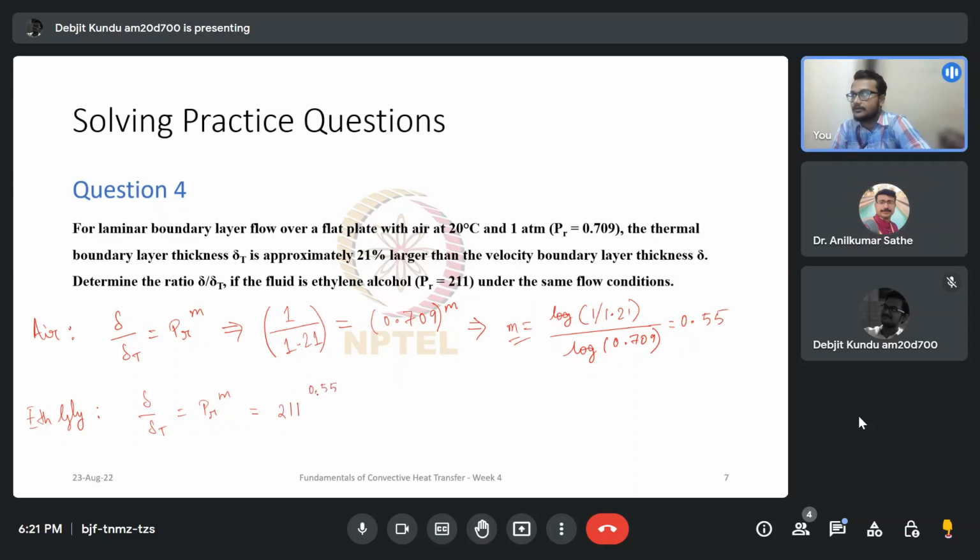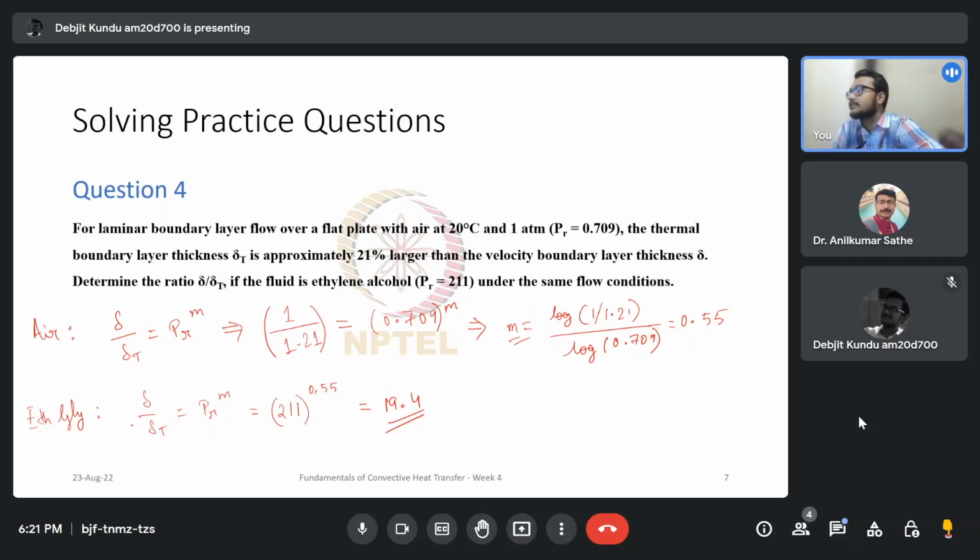So it's nothing but 211 to the power 0.55. Can you please calculate how much this is? It should be around 19.4. So this would be the ratio of delta over delta T for ethylene alcohol.